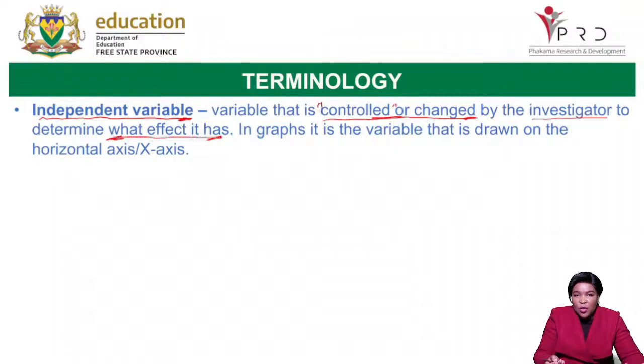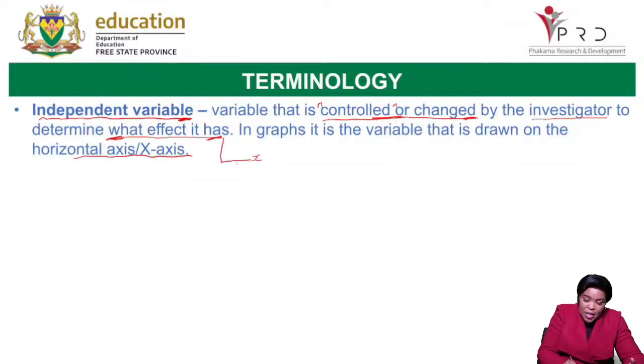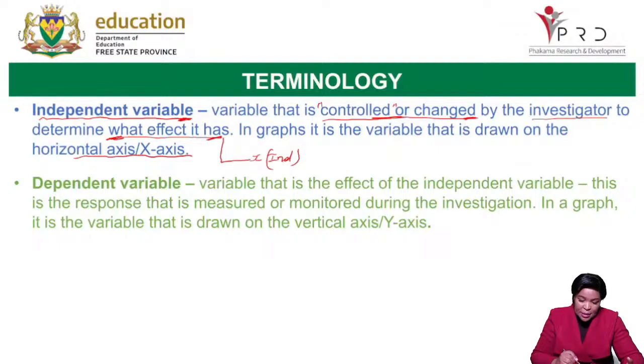And then when you are drawing a graph, the independent variable that is shown on the graph, it is shown on the horizontal axis or on the x-axis. So when you have your graph like this, on this axis here, this is where you are going to find your independent variable. I hope now you understand what an independent variable is.